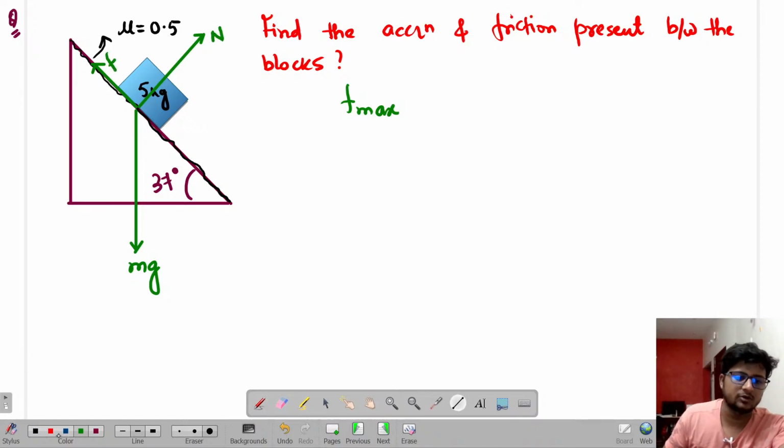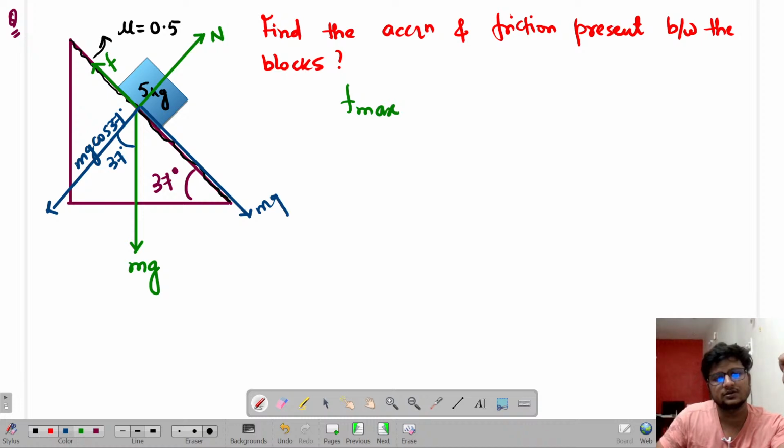Now, mg has two components, one along the normal and one along this side. This is again the same 37 degrees, so this will be mg cos 37, and this will be mg sin 37.